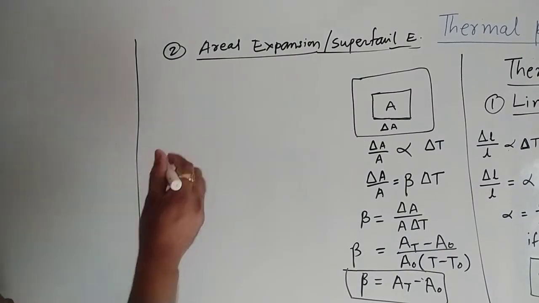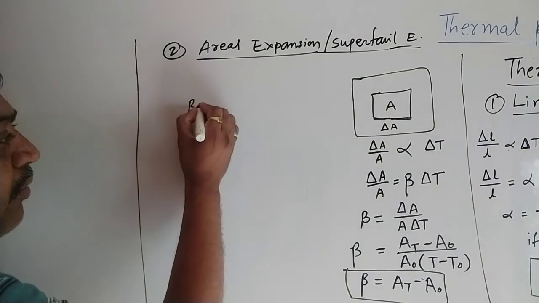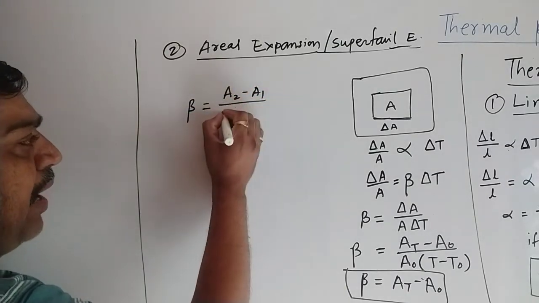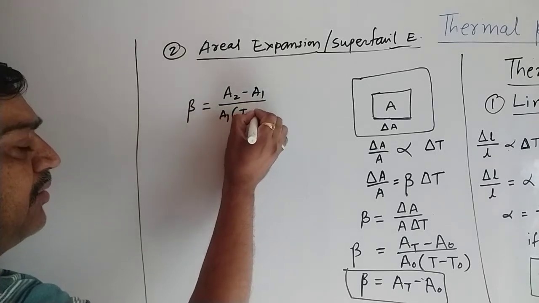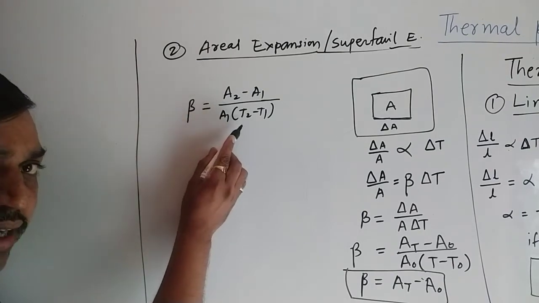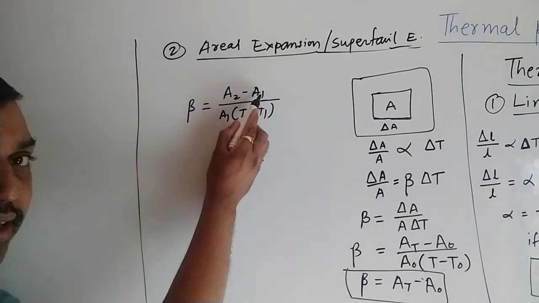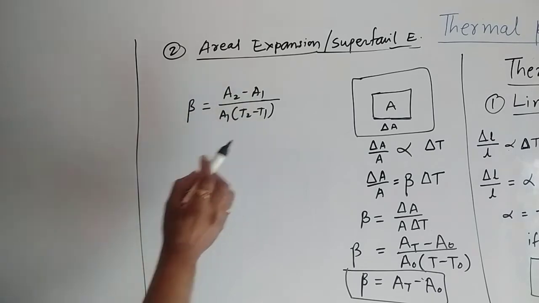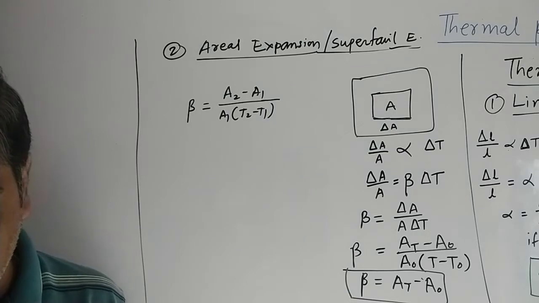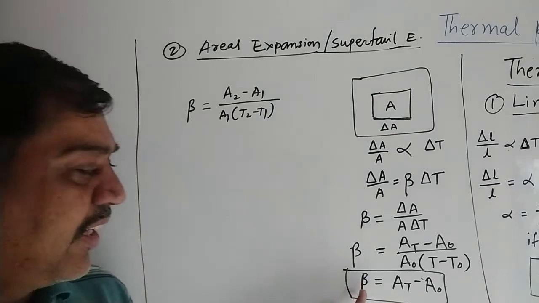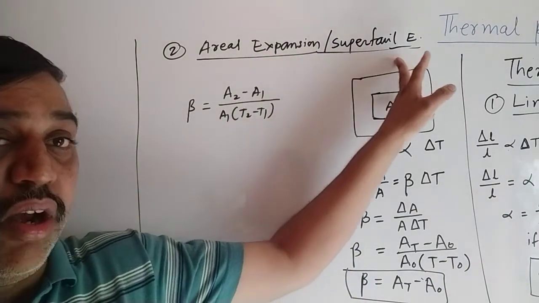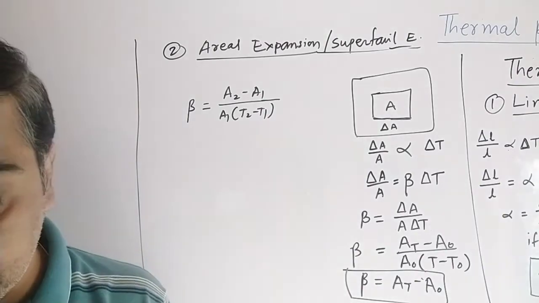So the same equation we can write: beta equals A_2 minus A_1 divided by A_1 times T_2 minus T_1. A_2 is the area at temperature T_2, A_1 is the area at temperature T_1, other than 0 degrees Celsius. So this beta is said to be the constant of proportionality, or the coefficient of areal expansion or superficial expansion.